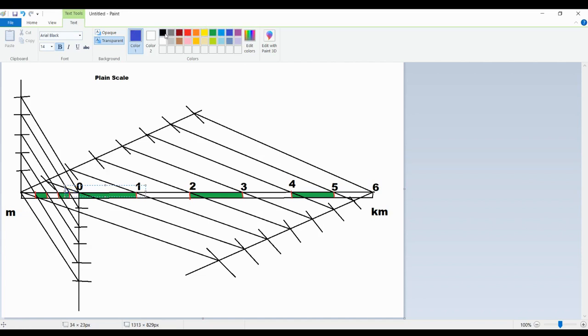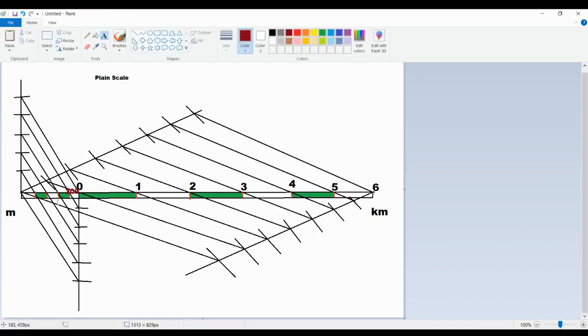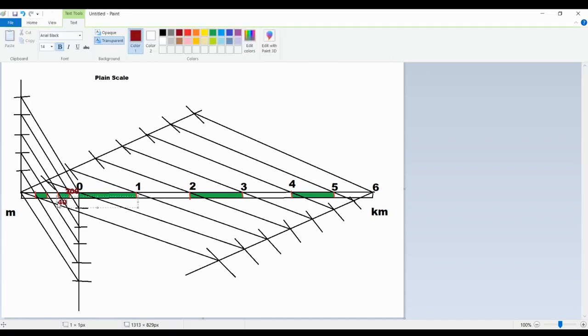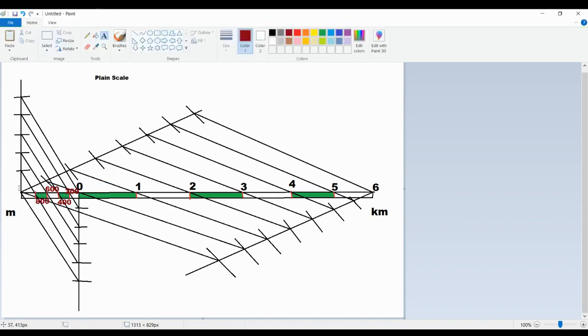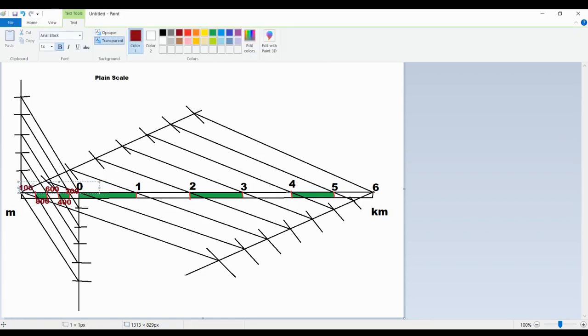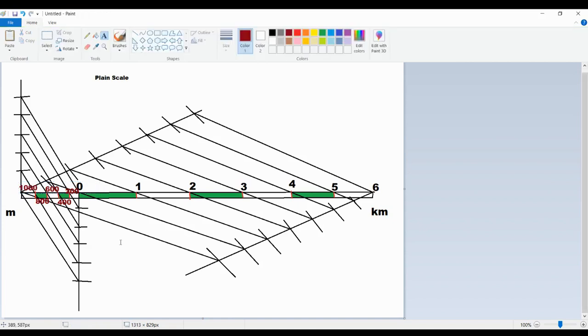I doubt. We need a darker color. Alright, I'll pick up brown. 200. Then this division over here is 400, 600, 800, and 1000. Alright, so you have labeled the scale correctly.